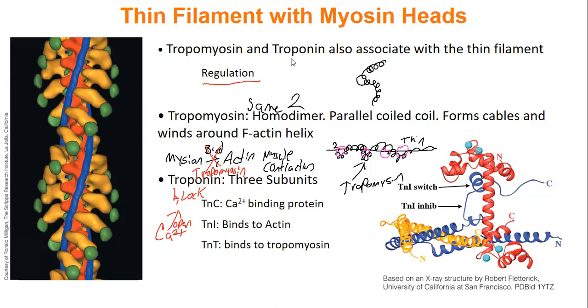And so when we don't want our muscles to move, we have tropomyosin and troponin interacting with our thin filament, blocking that interaction. Troponin practically locks tropomyosin in place. That's how I think of it. And that's why I go with that analogy, because once troponin is removed, tropomyosin can unwind.